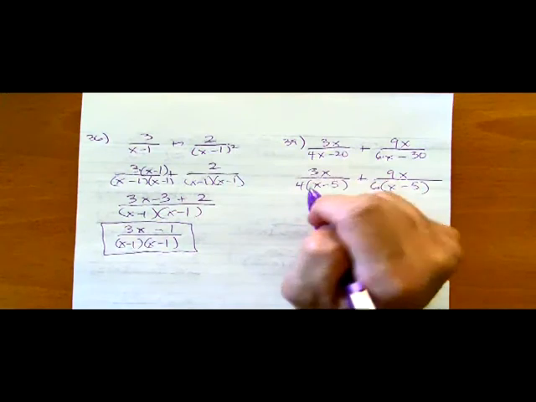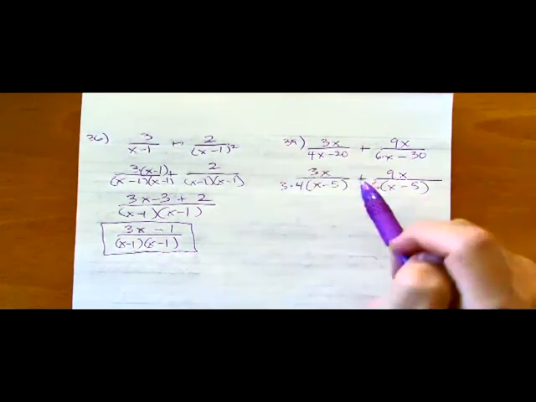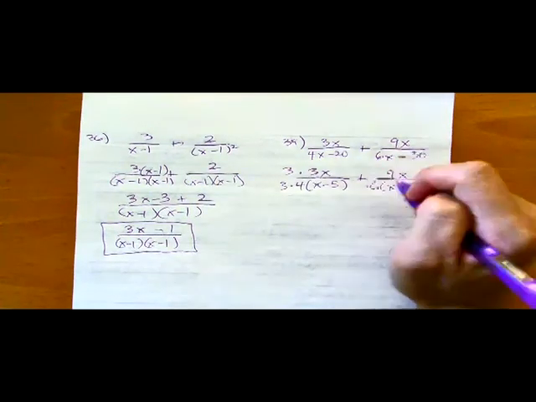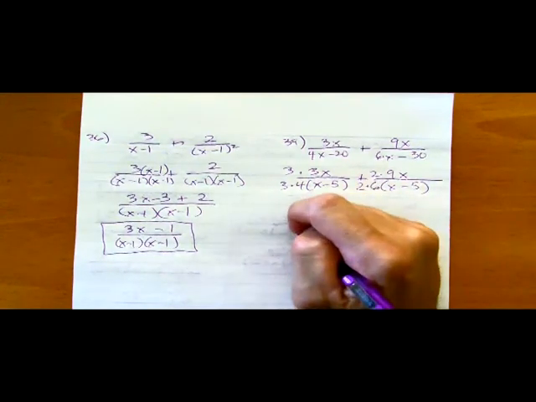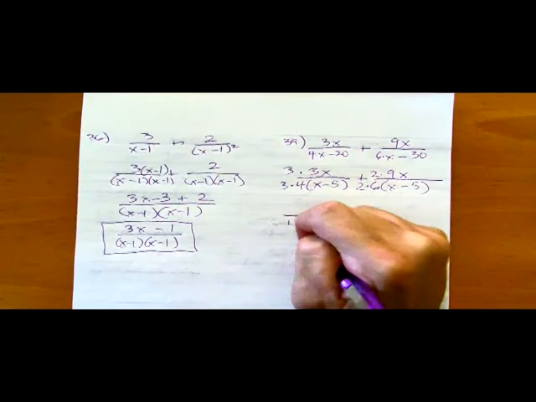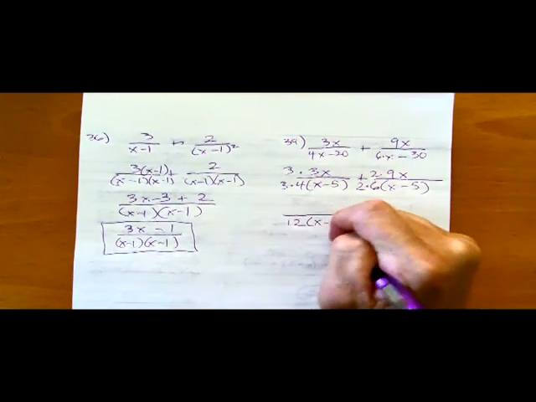If we multiply the 4 by 3, that'll give us 12. So we can change it to become 12. The same with the 6. We should multiply top and bottom by 2. So our denominators are going to be 12 parentheses x minus 5.